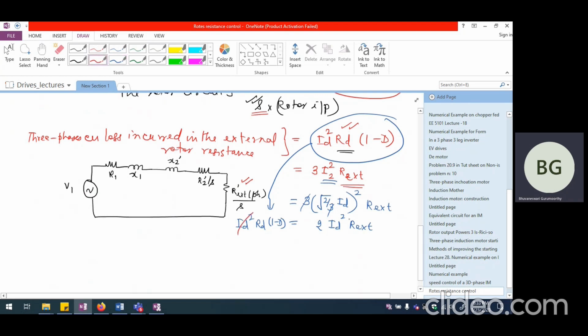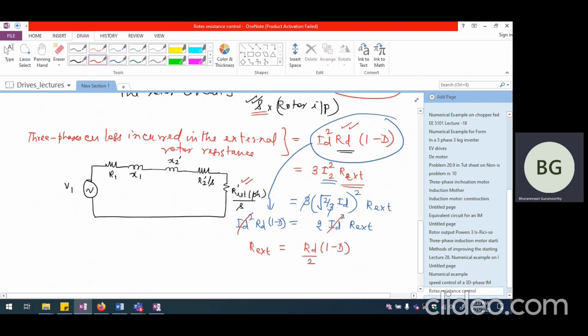So from which I should be able to say R external as visualized from the per phase rotor equivalent, that will be equal to RD multiplied by 1 minus D divided by 2.